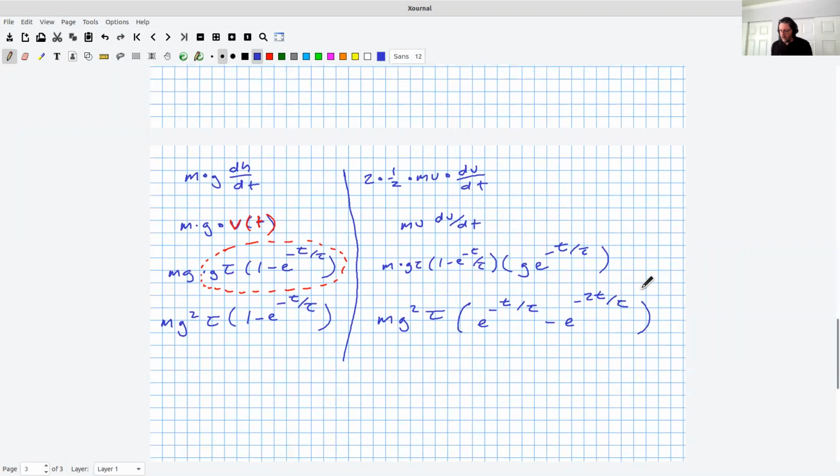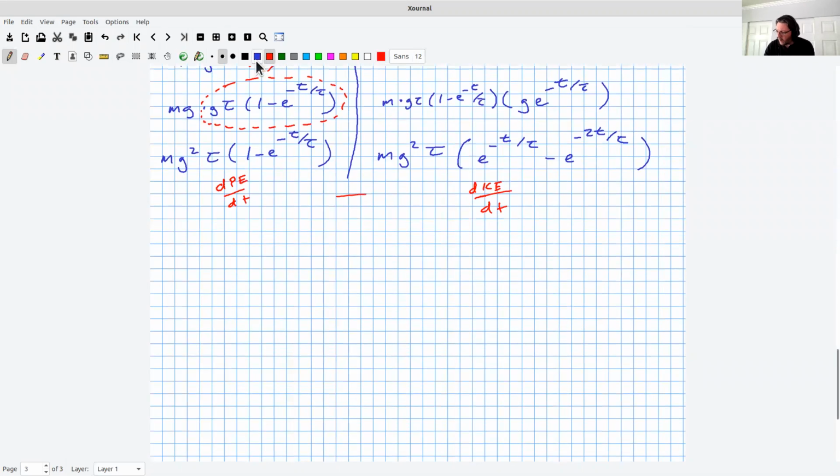Okay, so we're almost there. This one is the rate of change of the potential energy. This one is the rate of change of the kinetic energy. If we were in friction-free world, they'd be equal to each other, but they're not, so I'm going to subtract them. And the difference will be how fast heat is being generated. Okay, let me switch to black now. So I'm going to do the difference between those two functions, mg squared tau. And I noticed right off the bat that I've got that same prefactor, so I'm going to pull that out right away.